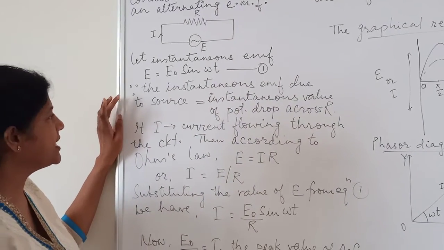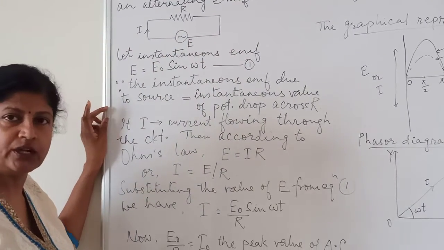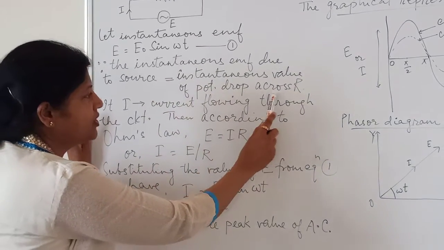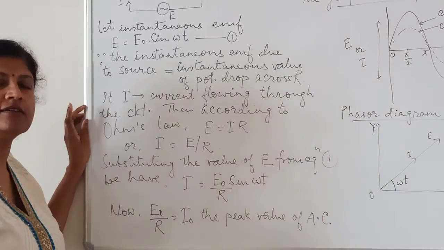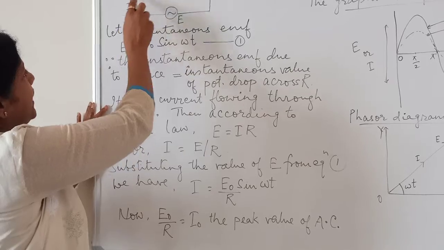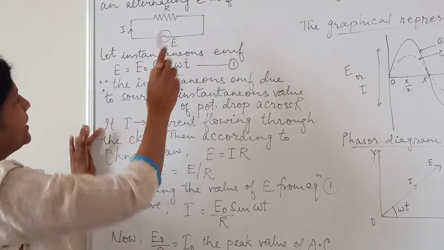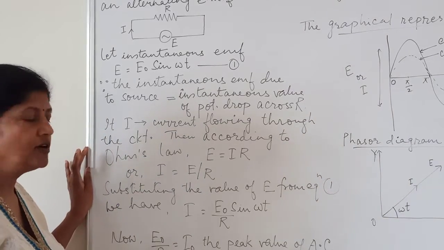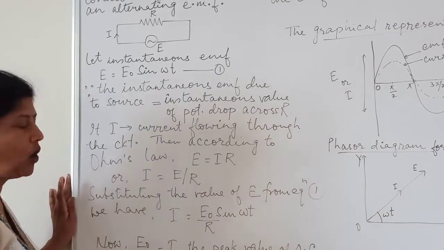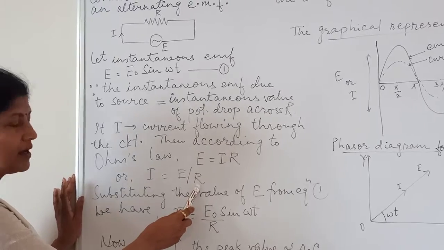Now, the instantaneous EMF due to the source is equal to the instantaneous value of potential drop across the resistor R. If I is the current flowing throughout the circuit, then according to Ohm's law, we can write E is equal to IR, or I will be equal to E upon R.